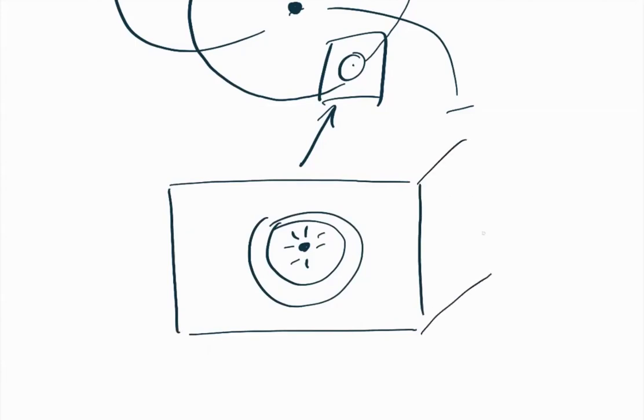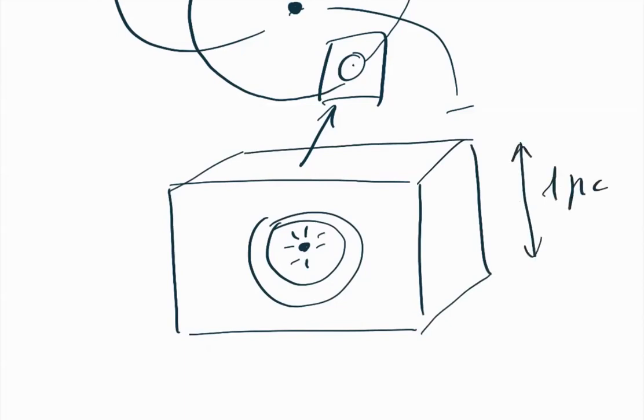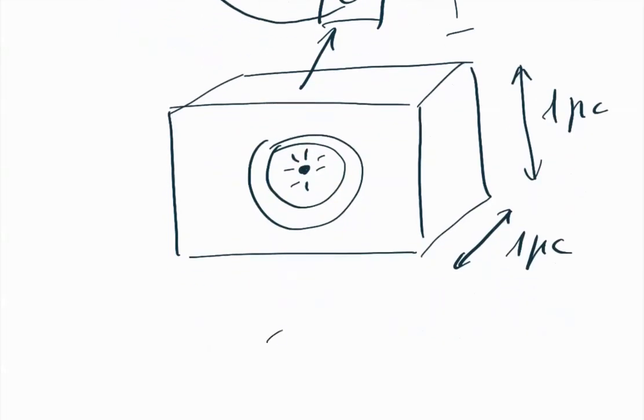So if you look at a cube of length 1 parsec in all directions, on average, in that cube, we have about 0.05 solar masses per cubic parsec.